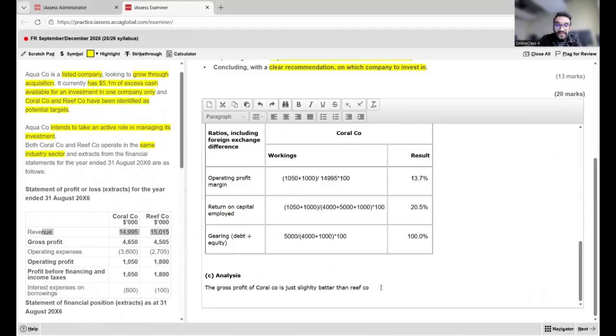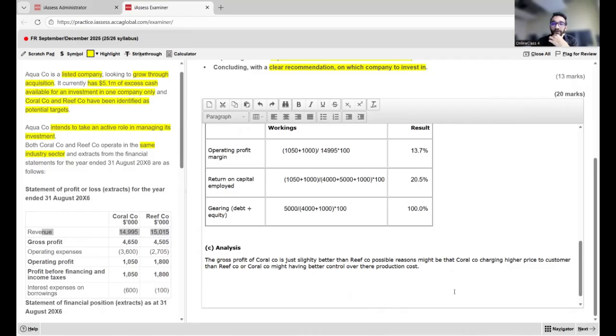So these are the possible reasons: it might be that Coralco is charging slightly higher price to customers than Reefco, or Coralco might be having a better control over their production cost, right? See, this will earn you a proper 1 mark.